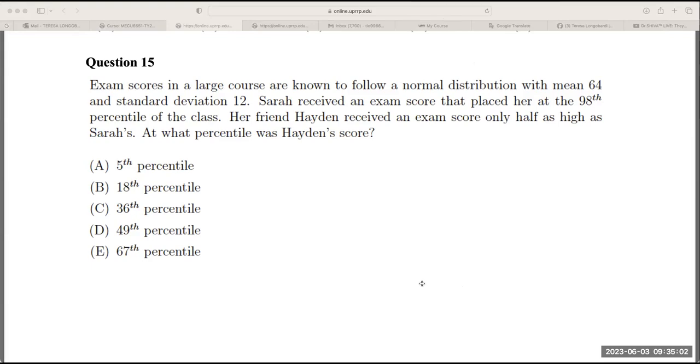Okay, so I guess there's a couple of steps here. You have to find first the score by doing the inverse problem. So let me put up my Excel document.